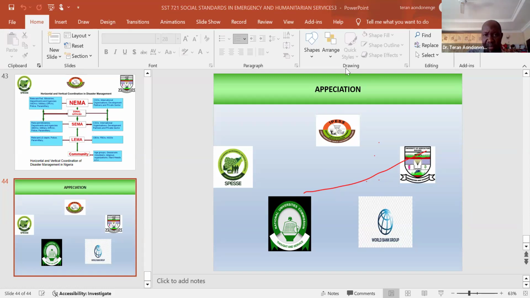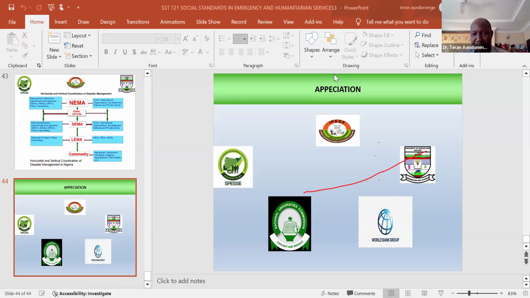Now we'll be looking at some certain issues. Since everywhere is just very quiet, we are starting with our revision now. And the revision starts straight away. And the first one goes this way. If you are asked, you should name 10 common types of disasters in Nigeria, and how can they be mitigated?